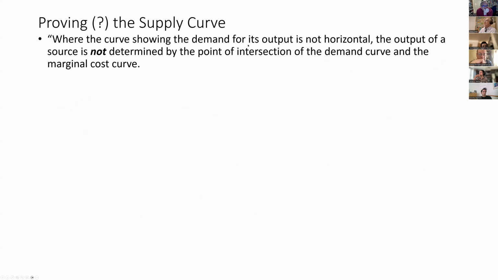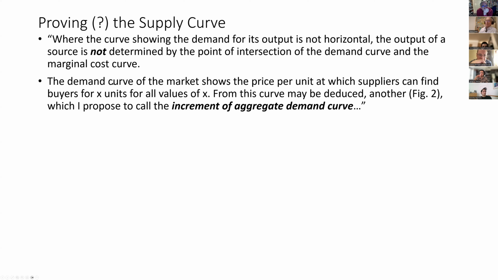And then where it's not horizontal, the output of the source is not determined by the point of intersection of the demand curve and the marginal cost curve. And this was not something economists had thought about fully until Harrod worked this out in the 1930s. So we've gone from the 1890s and the first diagram to the first pointing out that it requires a peculiar assumption to make sure that is actually where the action is.